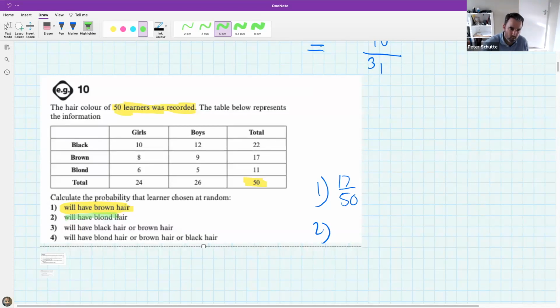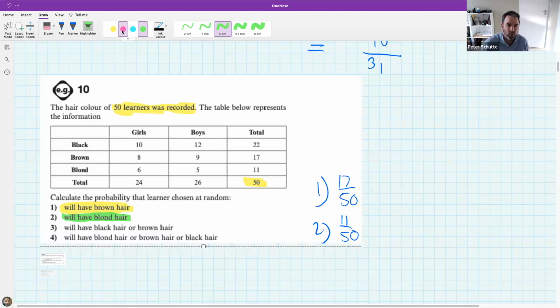Okay, what about the probability that I have blonde hair? What's that going to be? Well, I see the answers flying in there from Brooklyn and Neo. So you're right, 11 out of 50.